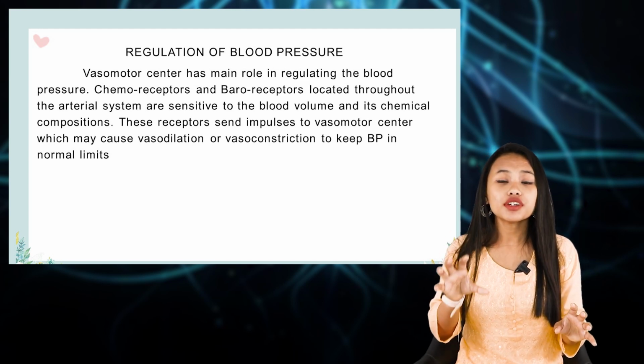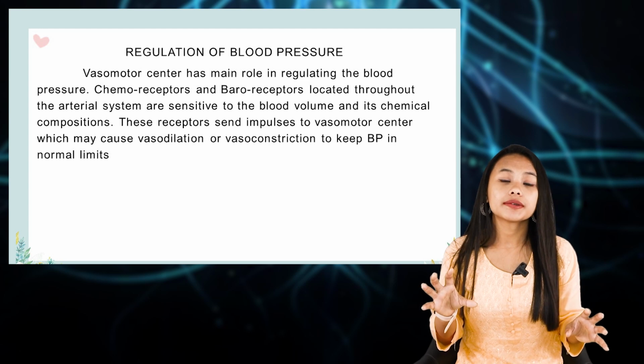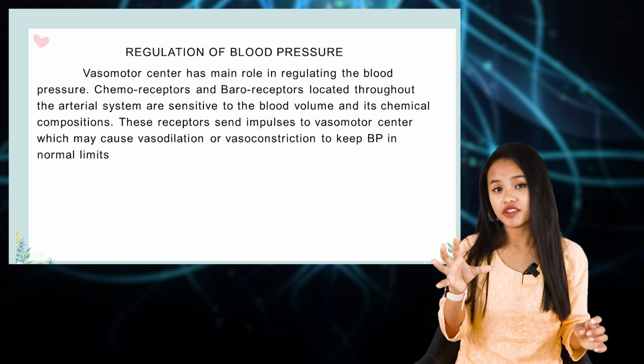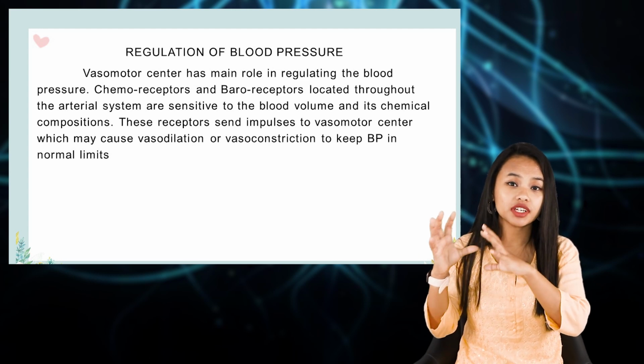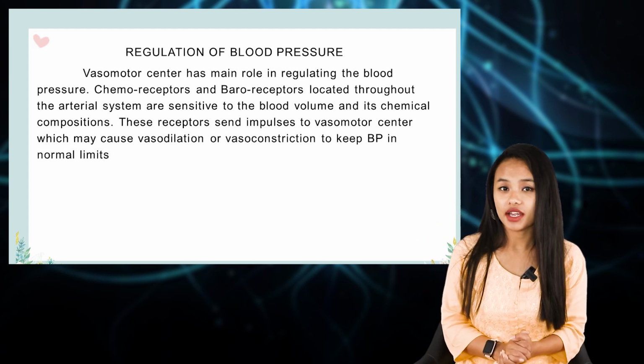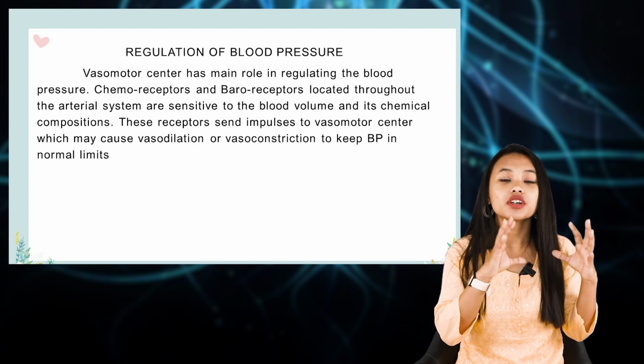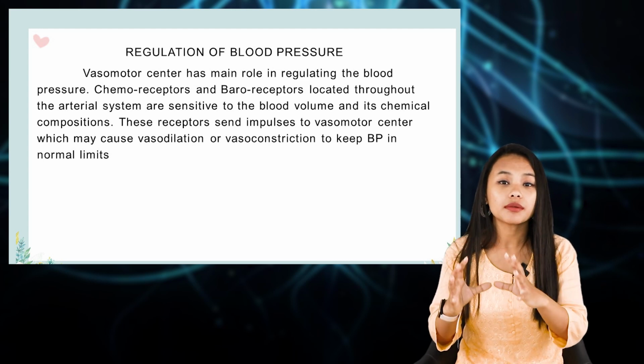However, if these receptors feel that the blood pressure of an individual needs to be decreased, then they will send impulses to this vasomotor center to cause vasodilation. So this is the regulation of the blood pressure.